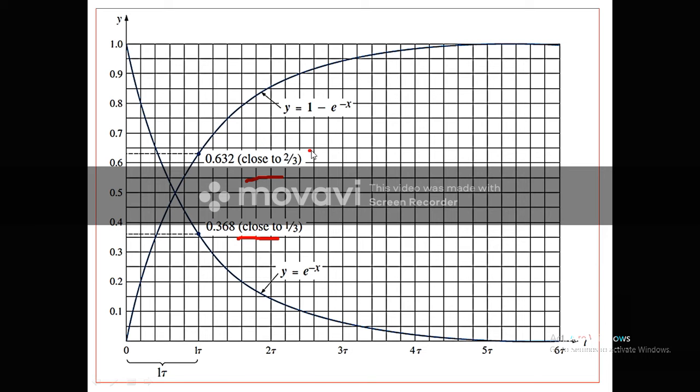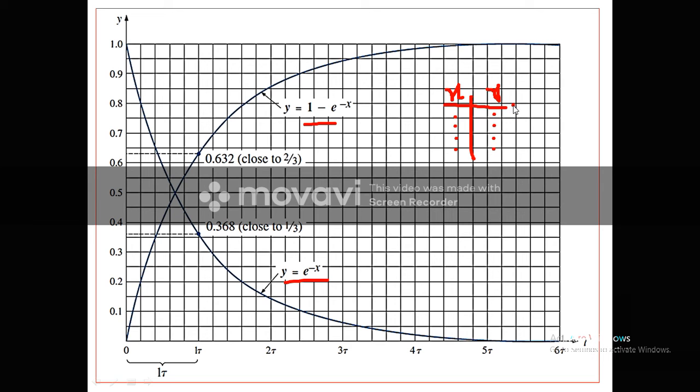Okay, so here is the curve for e to the power minus x, and this is the graph for 1 minus e to the power minus x. You can draw it by using a table for x and y. Putting different values for x, the independent quantity, you will get the corresponding y values for both of these.